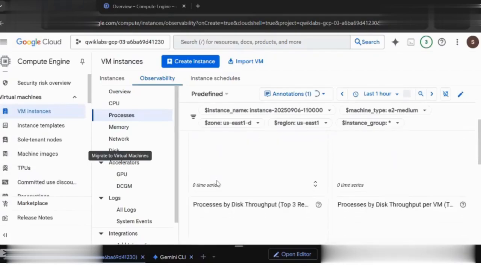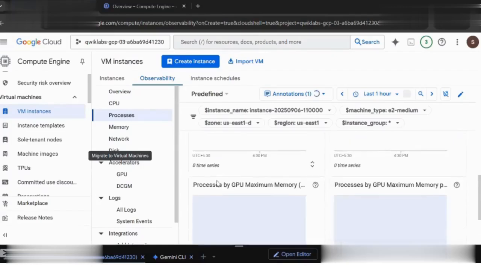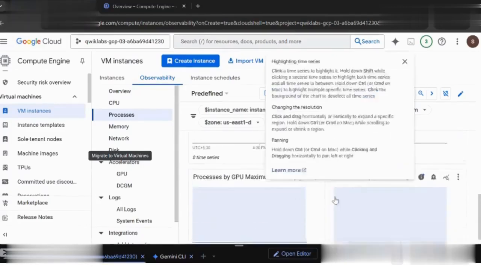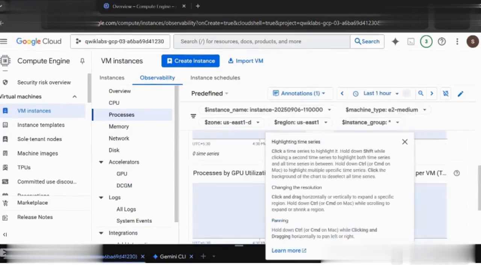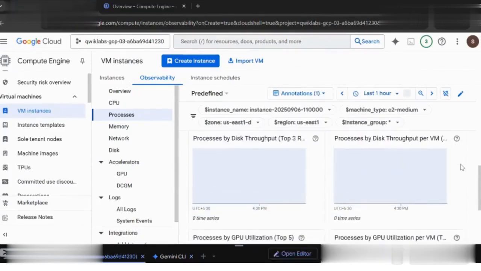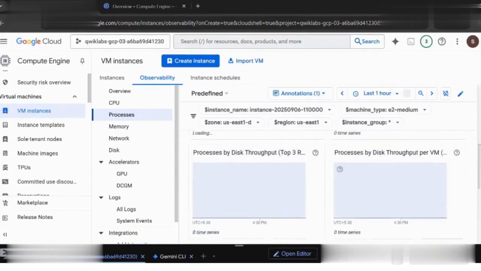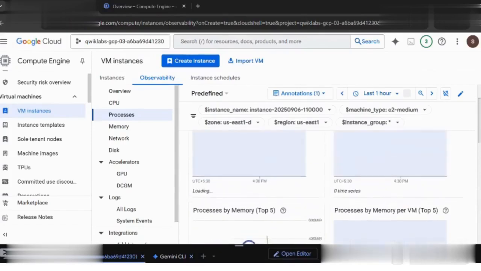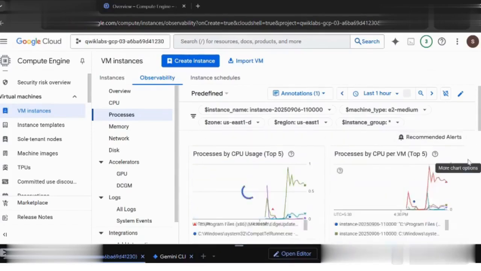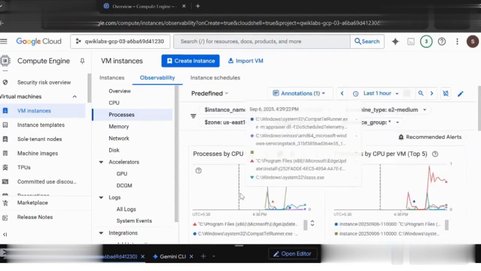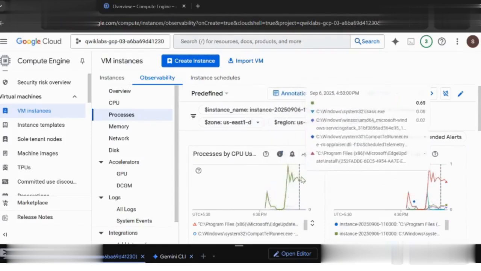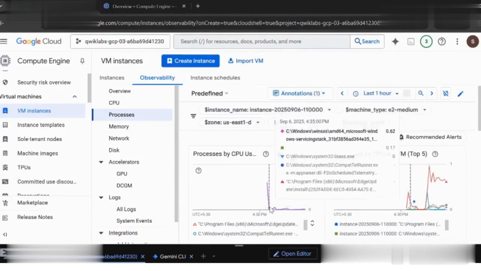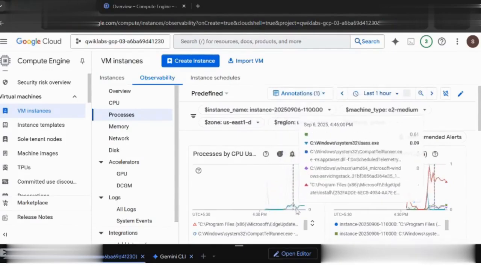Processes by CPU usage. Processes by CPU usage and CPU per virtual machine reveal which workloads are driving computation, whether system-wide or isolated to a single machine.